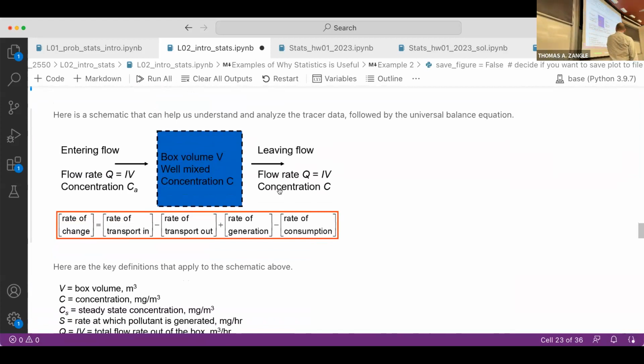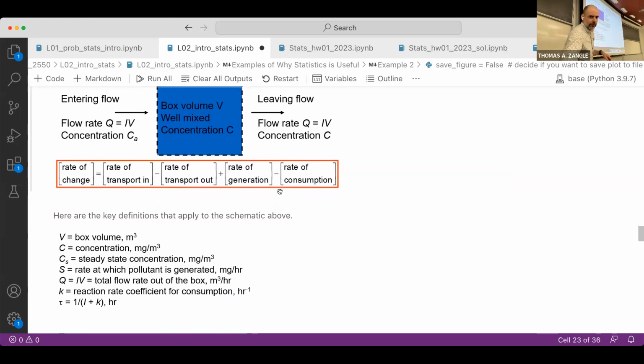If we want to understand this tracer data a little bit better, just to think back to maybe intro to chemistry and the universal balance equation. If we just look at the balance of material in and out of some box, then we can start to develop, sorry to bring back painful memories maybe for some of you, the concentration of that tracer within the box by saying that the rate of change is going to be rate of transport in minus rate of transport out plus rate of generation minus rate of consumption.